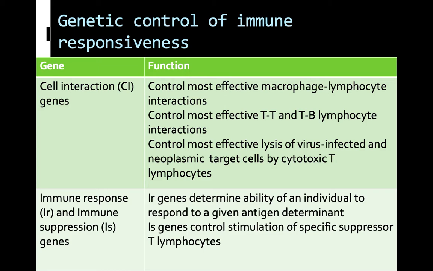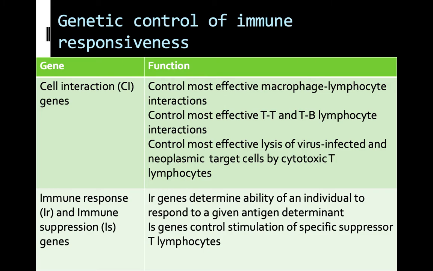Lymphocyte substances are produced in order to activate macrophages. That's one example, and cell interaction genes are involved in that association. Then we also have interactions among lymphocytes, which are carried out by cell interaction genes as well.